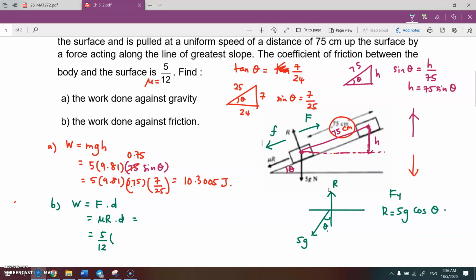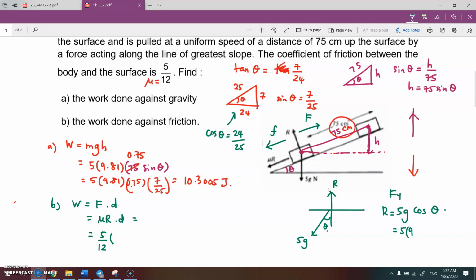From the triangle, cos theta is adjacent over hypotenuse, 24 over 25.